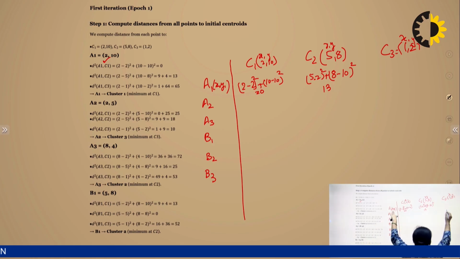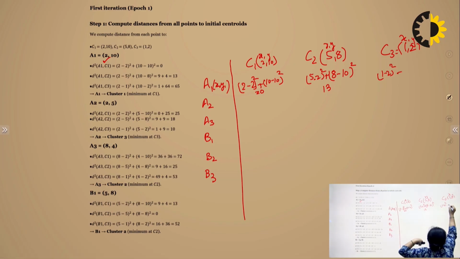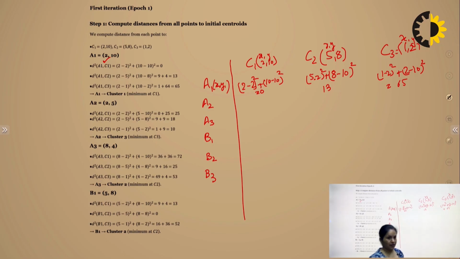It will be (1 minus 2) whole square plus (2 minus 10) whole square, which will be equivalent to 65. As we can see, the smallest distance is between C1 and A1. So A1 will go in C1. In cluster C1, A1 will go.